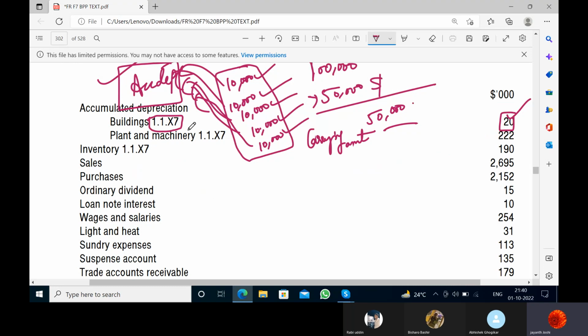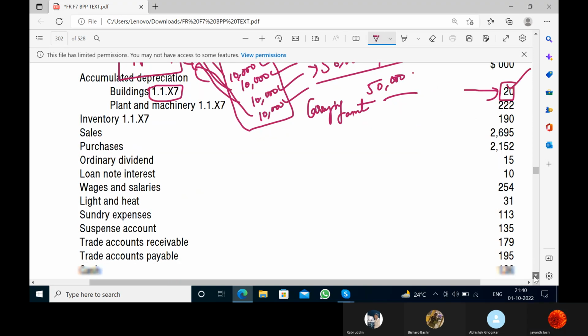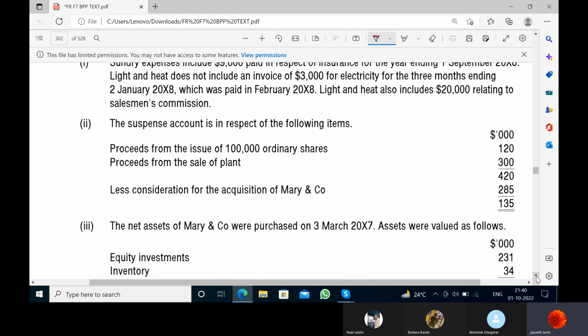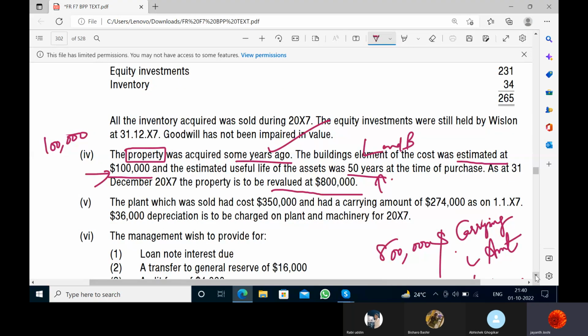That means this is also the beginning of the year. So now, since this is the beginning of the year, the end of the year would come, and at that time your accumulated depreciation balance of this would be something different. Okay, how it would be different, I will explain to you. Because this current year's depreciation of the asset would also be transferred to the accumulated depreciation account.